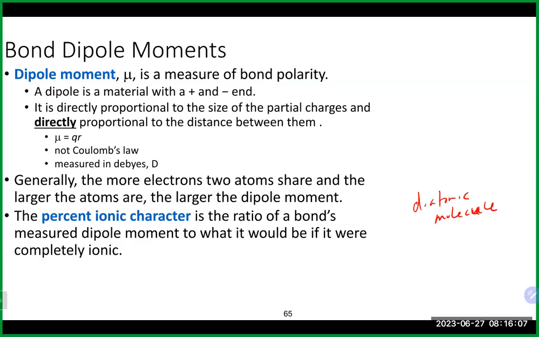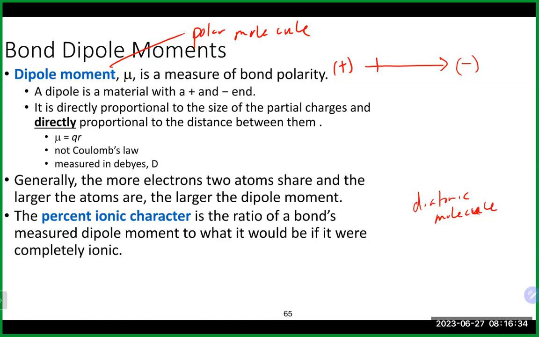So a dipole moment is only found in polar molecules. And if you remember, in the bond dipole, we draw an arrow that points to the more negative side, and this side being more positive, which makes a plus sign at the back. That is also the same arrow that is used for a dipole moment in a molecule.